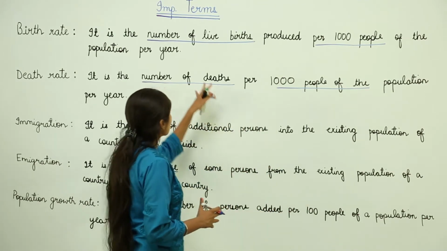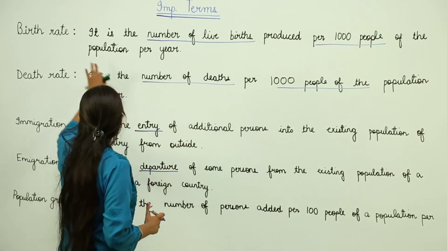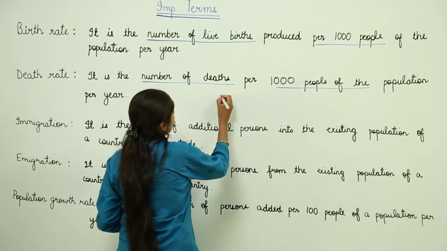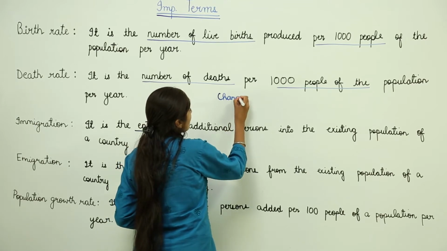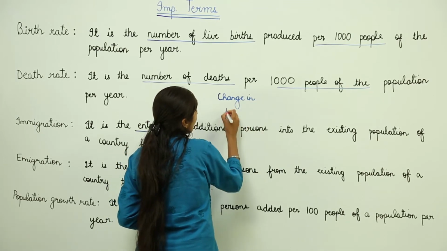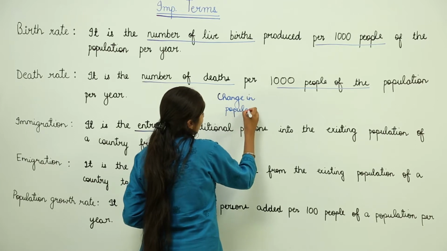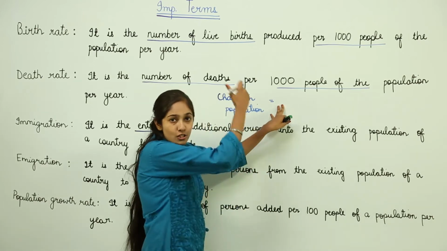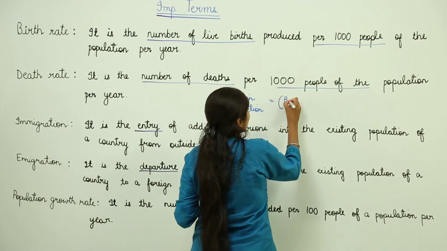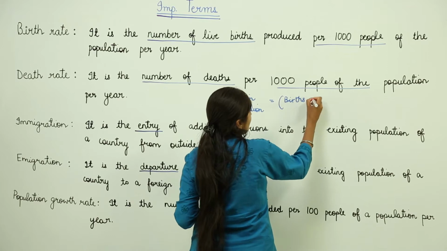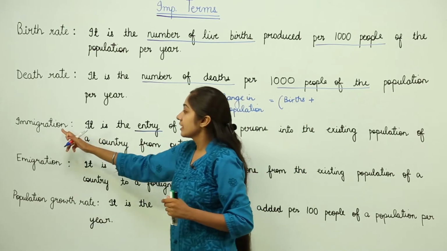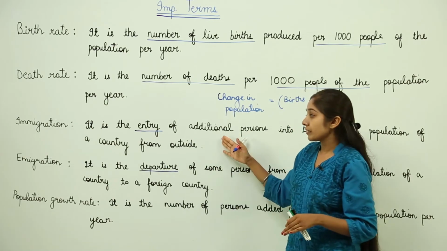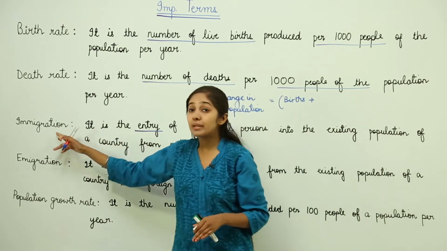How can we sum up these four terms, that is birth rate, death rate, immigration, emigration? Well, if we talk about change in population, and we want to calculate this, then we can find it out in these four terms as the number of births plus the persons who have entered a country from outside, that is immigration.